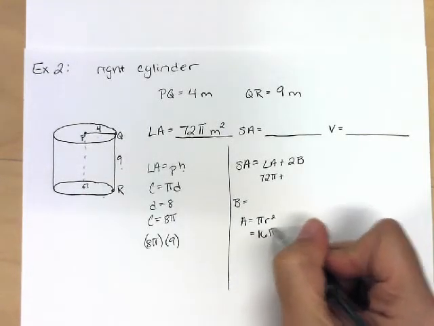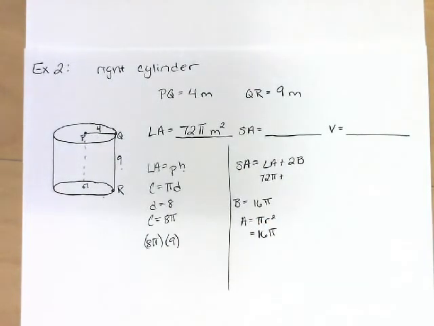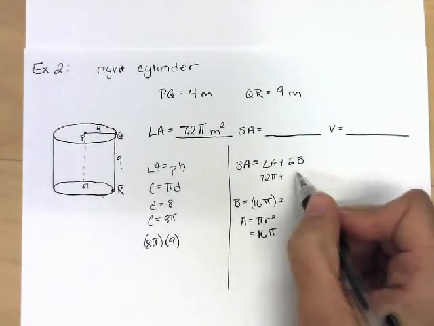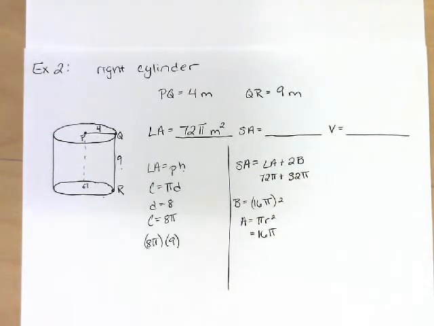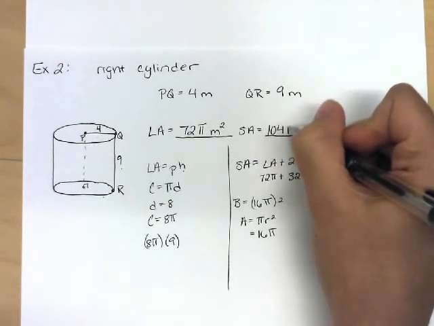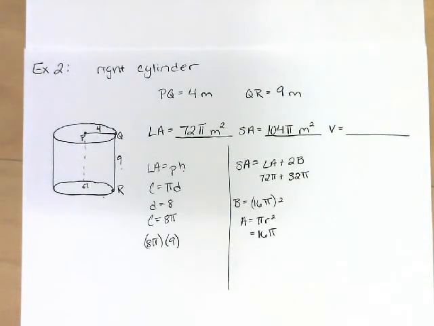That means that the base area is 16 pi, and we need 2 of them. So this base area ends up being 32 pi. When we add these together, we get 104 pi surface area is meters squared.